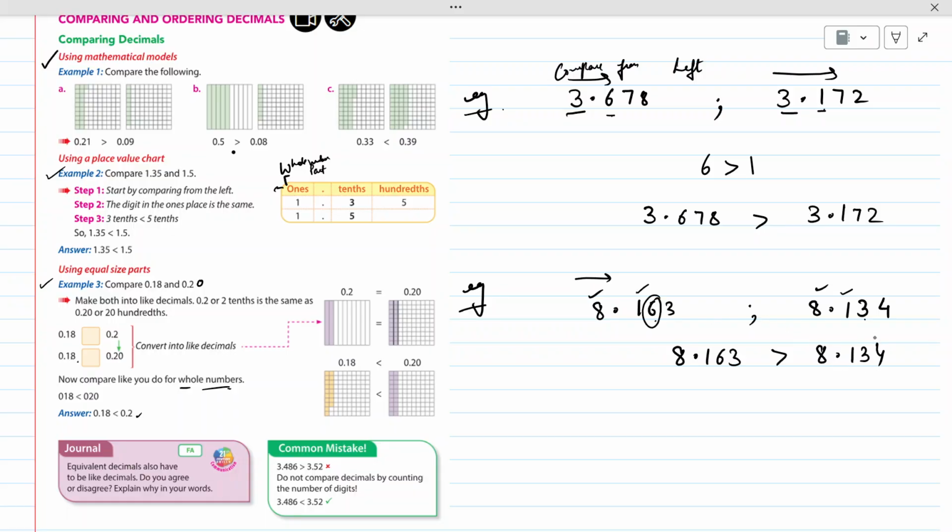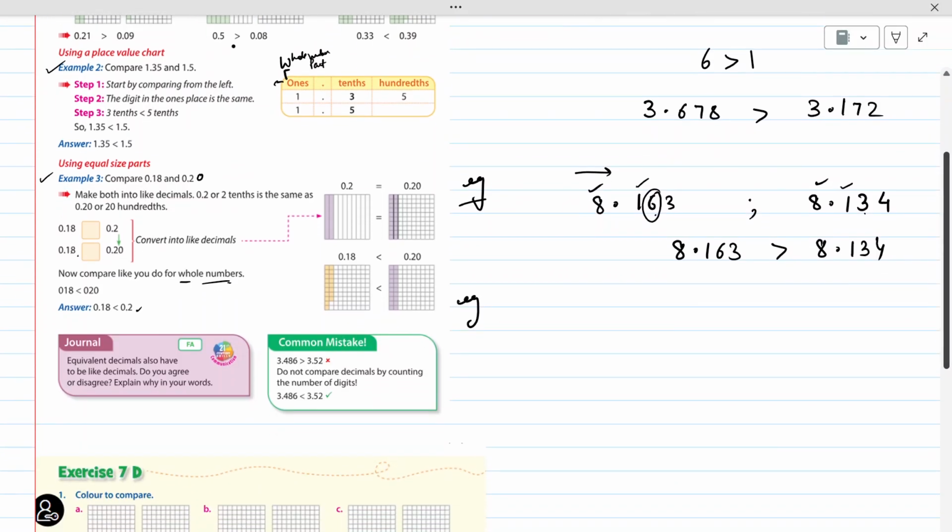Simple comparison. Now, let's take another example. In this example, I'm taking 1.716 and 1.711. When we compare from the left, 1 is the same, the tenths place is the same, the hundredths place is the same, and when we see the thousandths place, these two values are the same, so we switch to the next value for comparison.